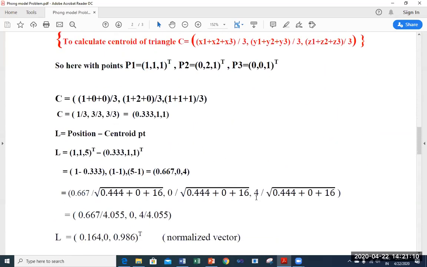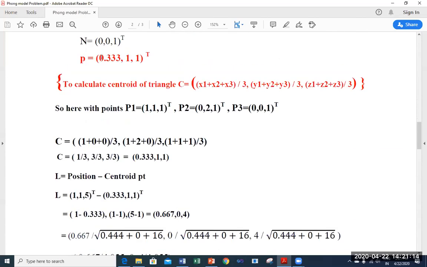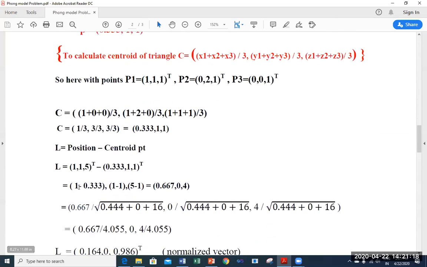Then you have to take minus the centroid point, value 0.33 comma 1 comma 1. So when you write the value, you will get 0.667 comma 0 comma 4.